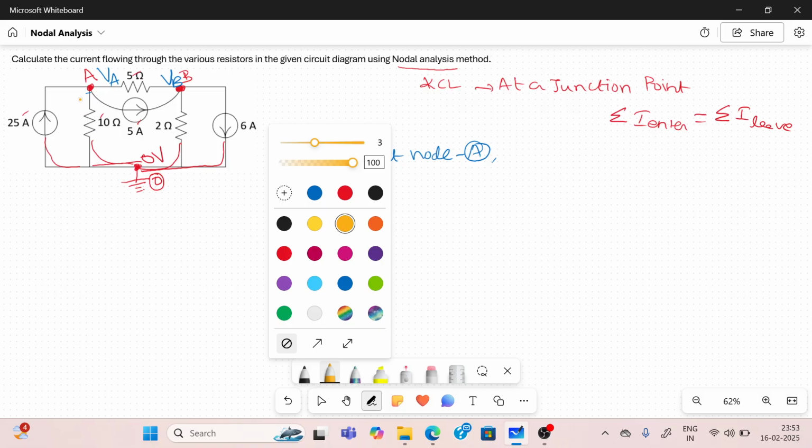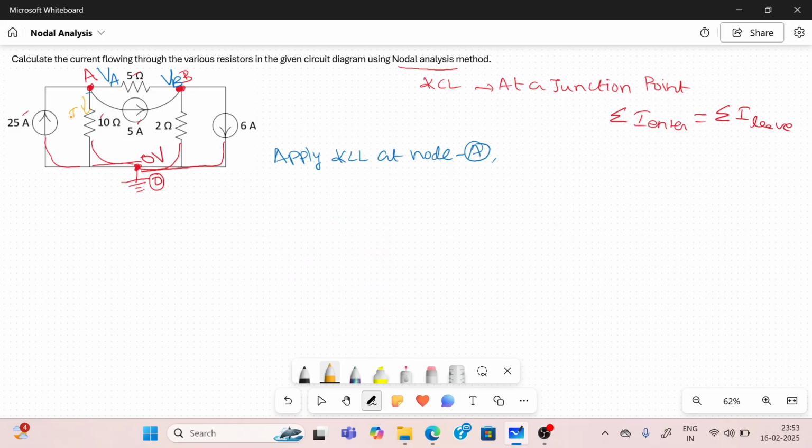So I assume the current drawn by the 10 ohm resistor as I1, the current through the 5 ohm resistor as I2. Then I assume the current flowing through the 2 ohm resistor is I3.